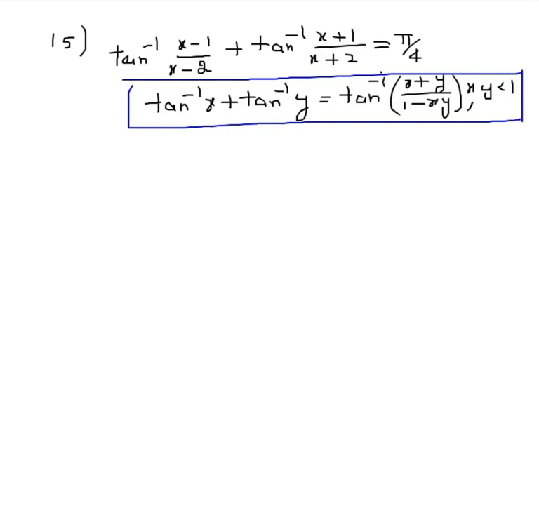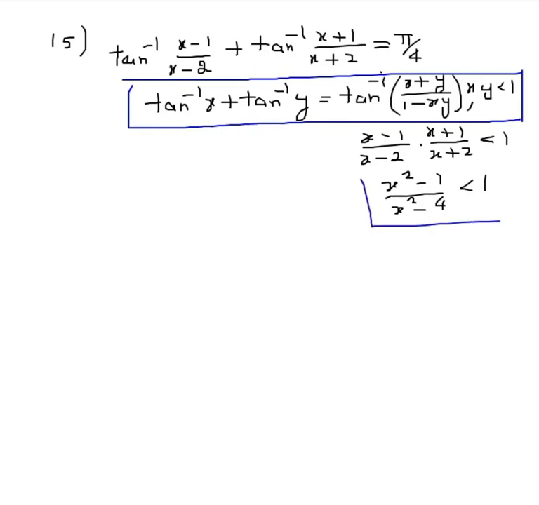Here for this condition, you have x minus 1 by x minus 2 into x plus 1 by x plus 2 should be less than 1. That is x square minus 1 by x square minus 4. A plus b into a minus b is a square minus b square. So this condition should be satisfied.